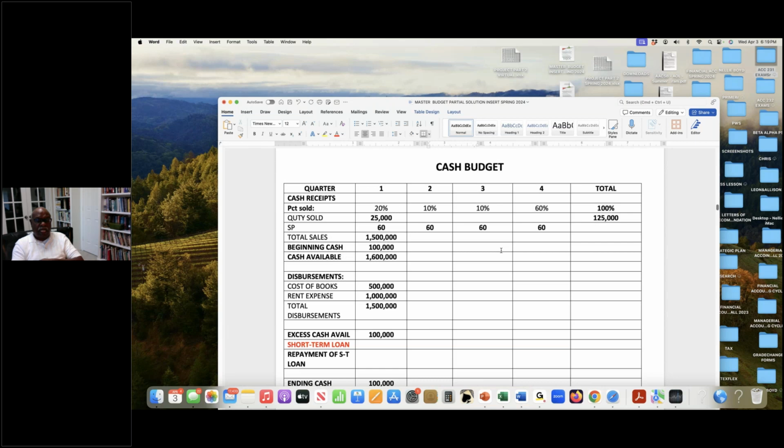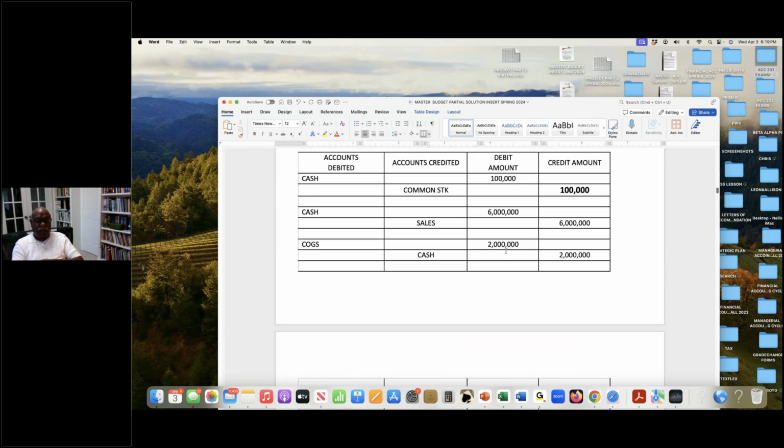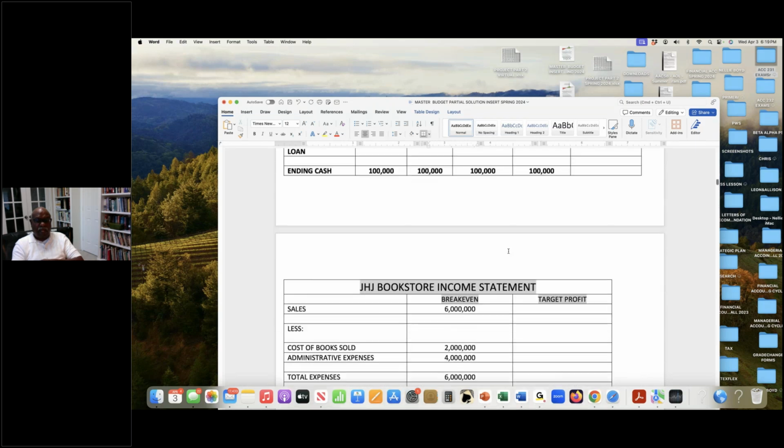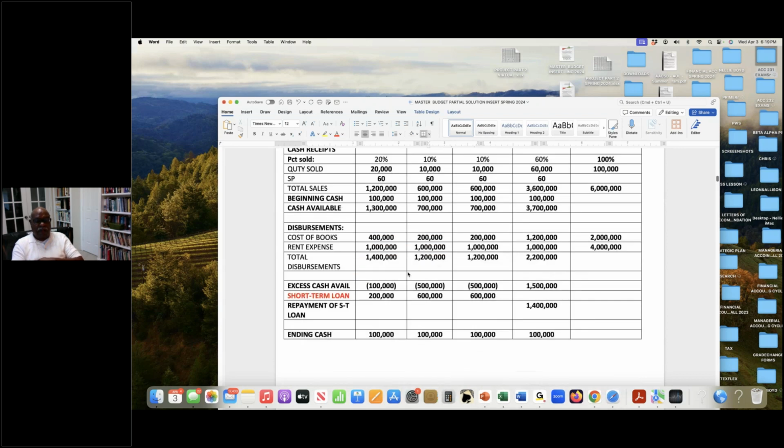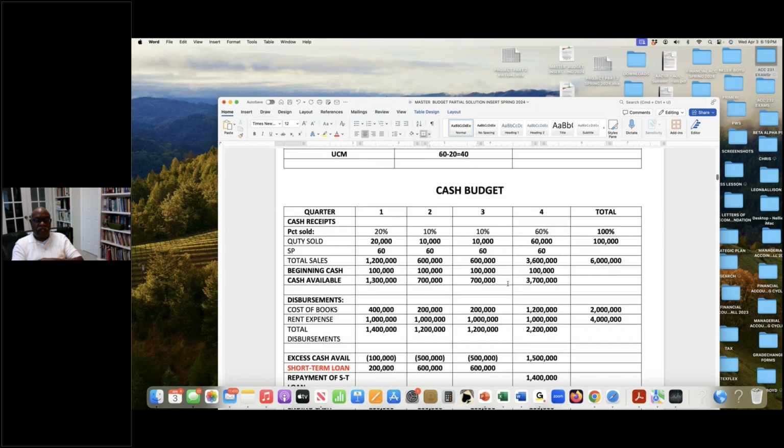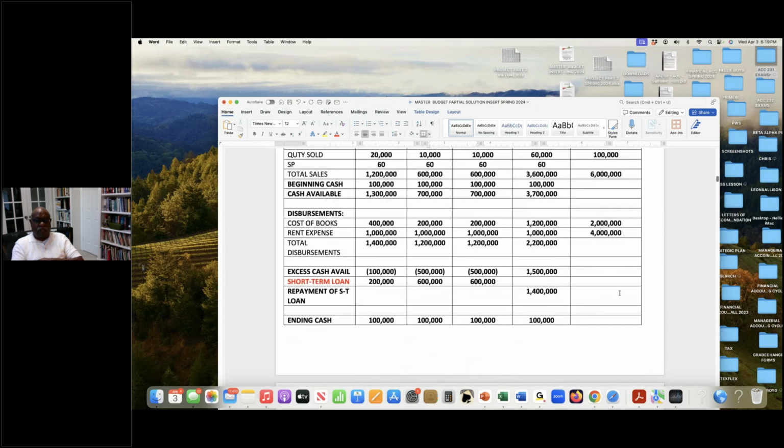When we prepared this cash budget, it turned out that we needed to what? Borrow 1,400,000. Okay, we had to borrow 1,400,000 because when we went through each year, each iteration, there's 1,400,000 that was borrowed.